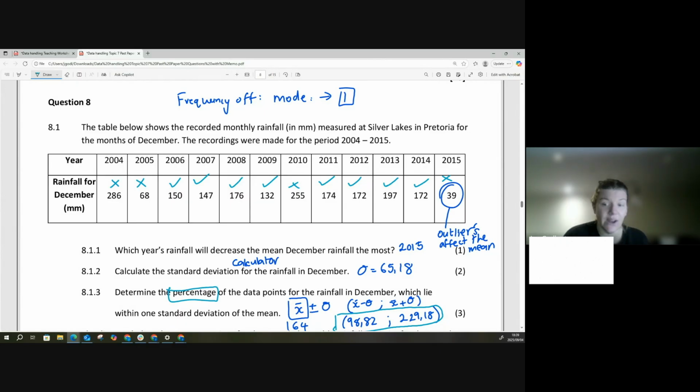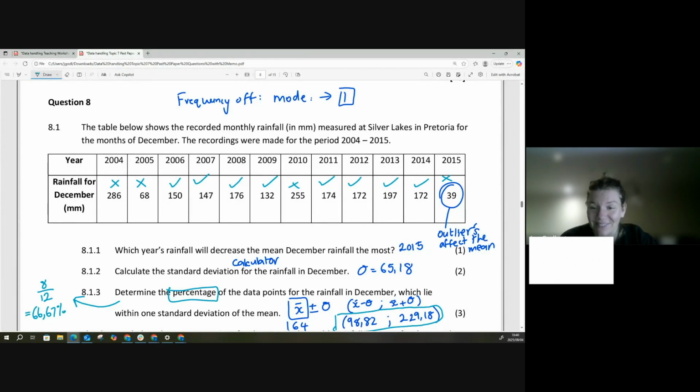but they've asked for the percentage of the data points. So how many data points are there in total? 12. So all we have to do is say 8 over 12, and we get that as a percentage, which is about 66.67%.